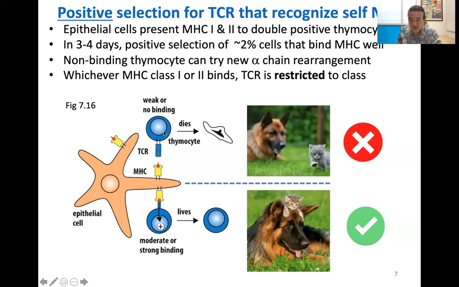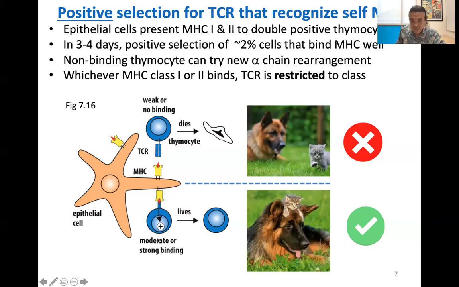So as a result, if there's weak or no binding to the epithelial cell, this thymocyte does not receive any encouraging cytokine signals to keep it surviving. And as a result, it just dies. On the other hand, this thymocyte down here, its random TCR shape that it came up with is pretty good at binding MHC.